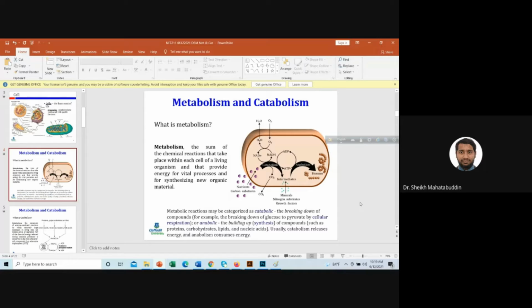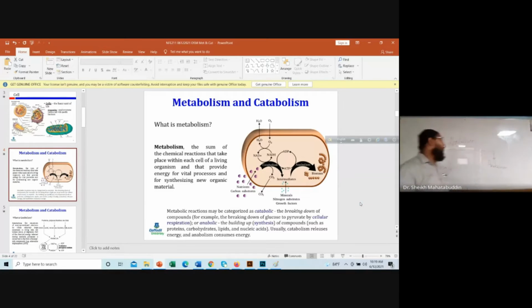Sometimes you get confused whether it is catabolism or anabolism. Just look at the initial and the final. If the initial is the bigger one and the final is the smaller one, then undoubtedly it is catabolism. Okay? And now, what is anabolism? Anabolism is the process where small molecules combine together to form a bigger one.